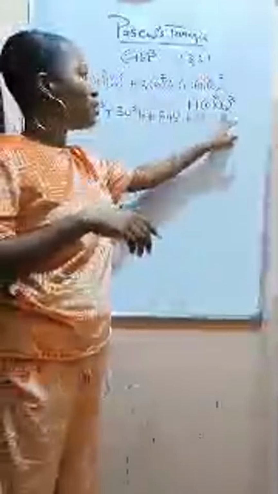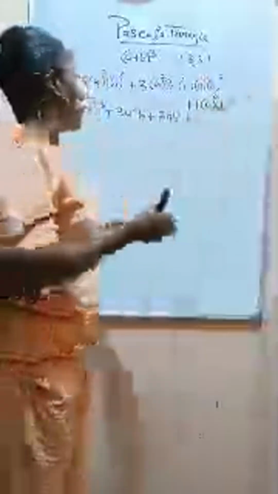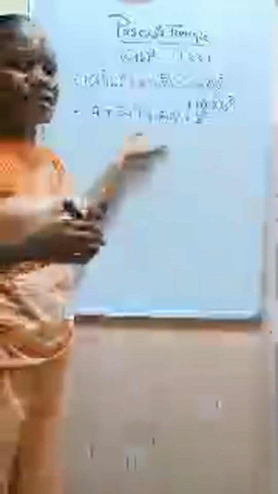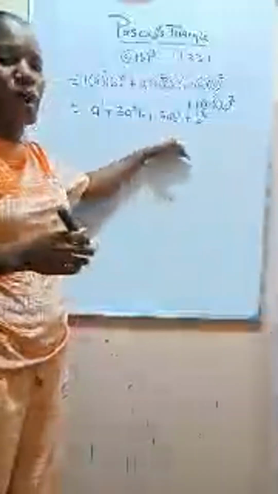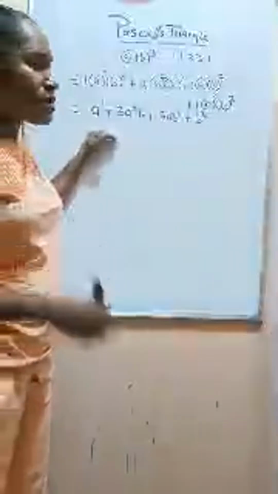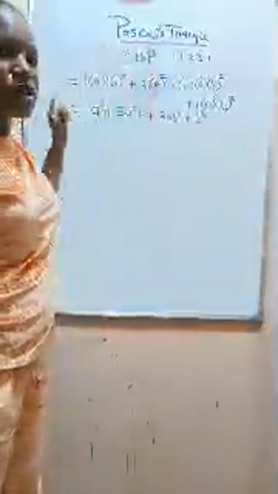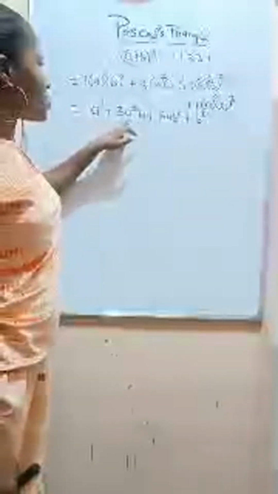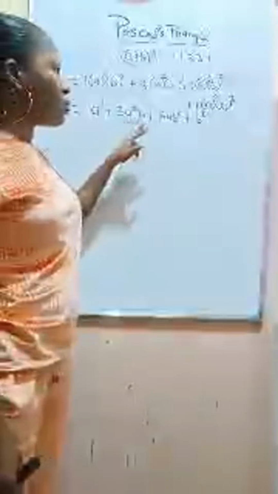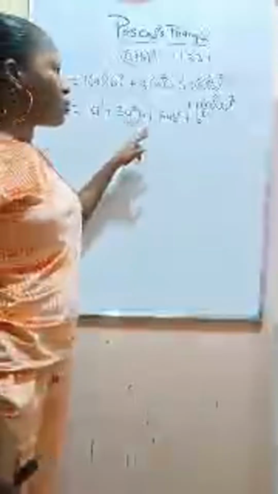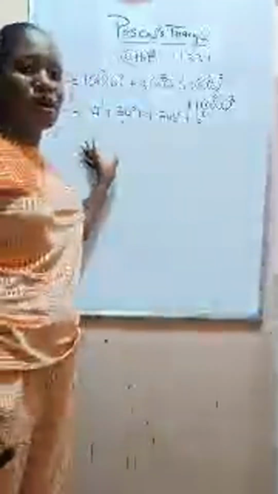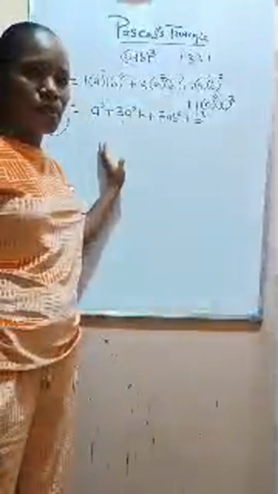That means we are left with B to the power of 3. And this is the answer. So this is where the identity that (A plus B) to the power of 3 is equal to A to the power of 3 plus 3A squared B plus 3AB squared plus B to the power of 3 is coming from.